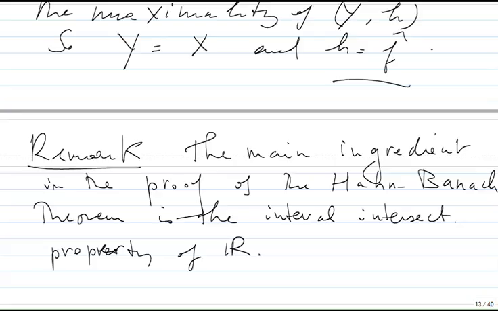This intersection property says that whenever you have a collection of closed intervals on the real line, such that they intersect two by two, their total intersection is not empty.